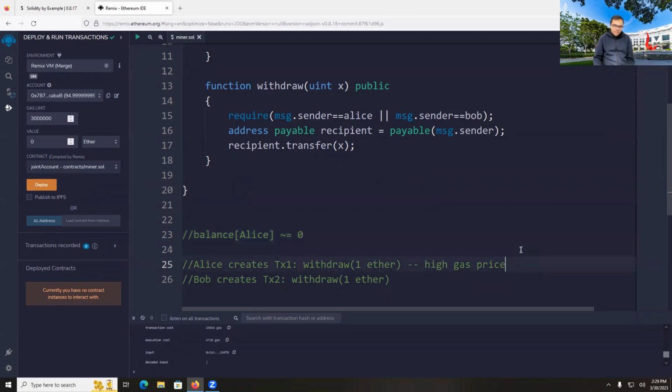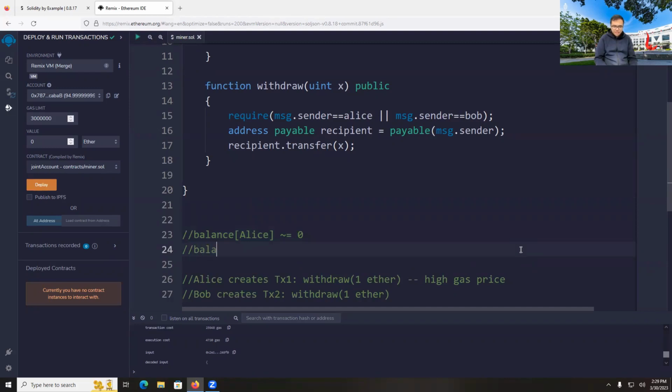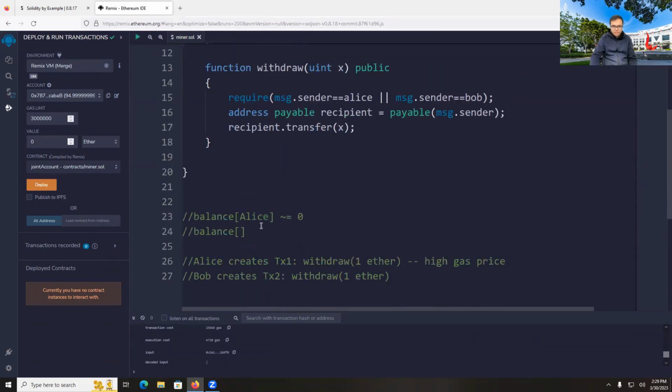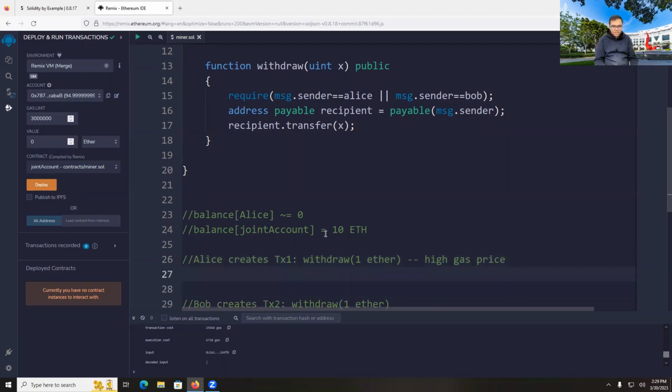She doesn't have any more money in her account. And then when she creates this transaction, and by the way, let's say the balance of this joint account contract is, let's say, 10 ether. So when she creates this transaction, she immediately creates another transaction.